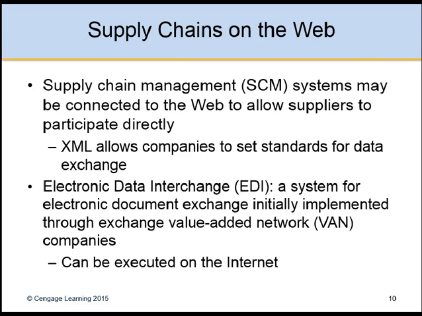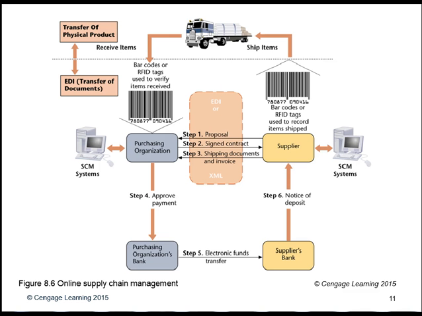Electronic data interchange, EDI, is an old electronic document exchange that in the past was implemented through value-added networks and now can be used on the internet. And here we see a schematic or flowchart of online supply management.